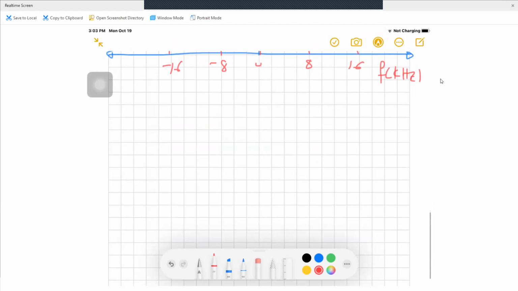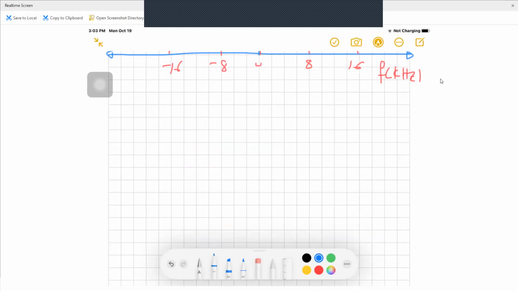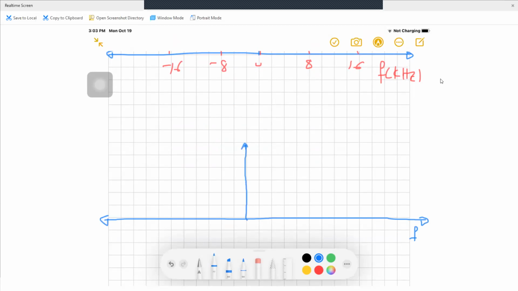Of course, this time we have to be careful in drawing or sketching the signal. Now this will be the F axis, the frequency axis, F in kilohertz, of course, and this will be the origin of the signal.